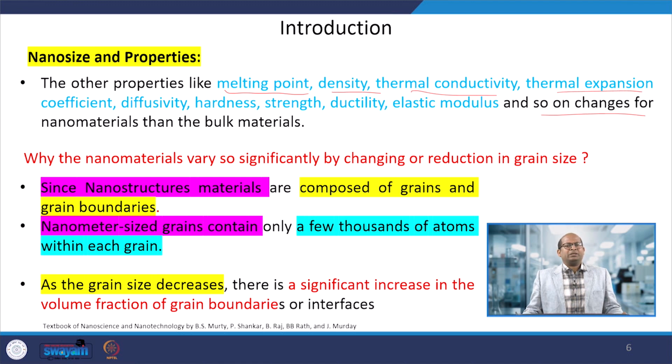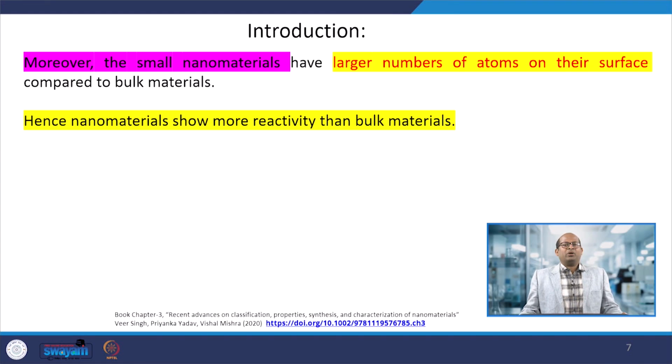In each grain there is a grain boundary, and lots of atoms are present in each grain. When we convert bulk material into nanomaterial, the grain size decreases. As a result, the volume fraction of the grain boundaries, or the interface, increases significantly.